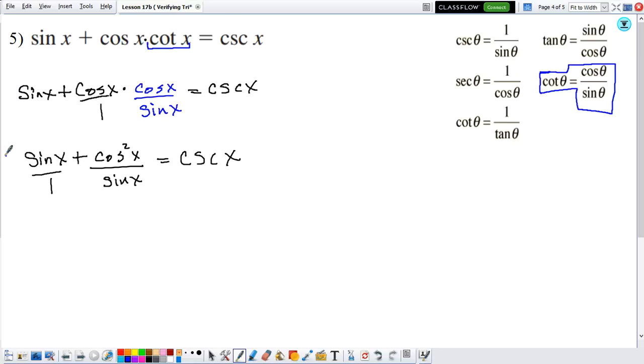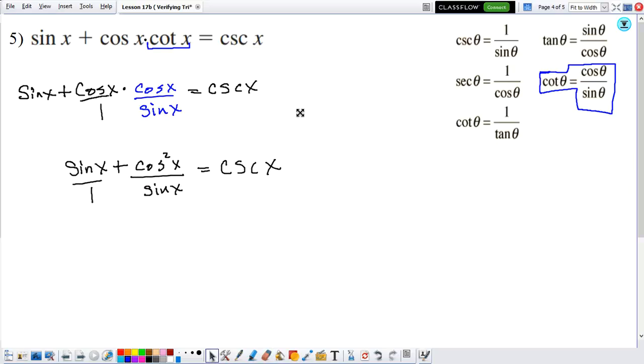So we can multiply sine of x, top and bottom. I didn't like the way that looks, so let me rewrite that. Let me make some space. All right, excellent. So like I said, let's multiply by sine, top and bottom.